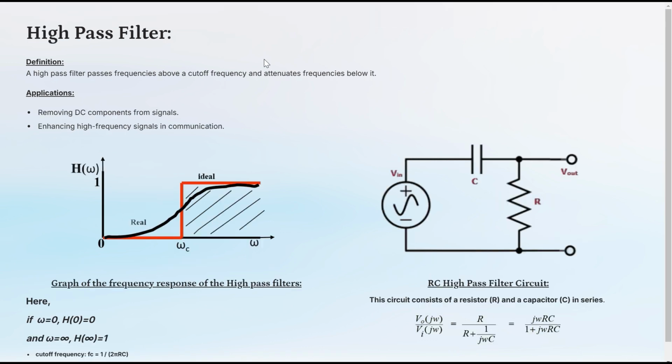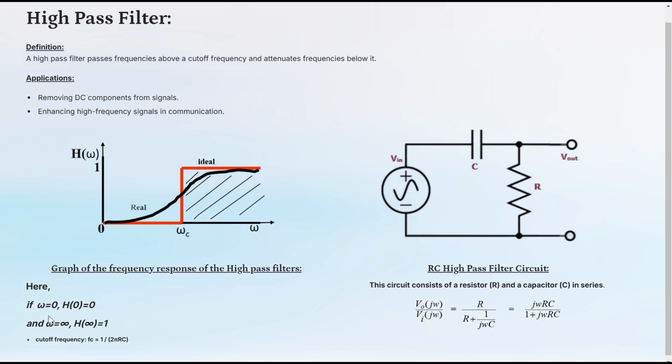Next is the high pass filter. A high pass filter passes frequencies above the cutoff frequency and attenuates those below it. Its applications are removing DC components from signals and enhancing high frequency signals in communication. And there is a graph of frequency response where at omega equal to 0, the gain is 0, indicating low frequencies are blocked, and at omega equal to infinity, gain is 1.